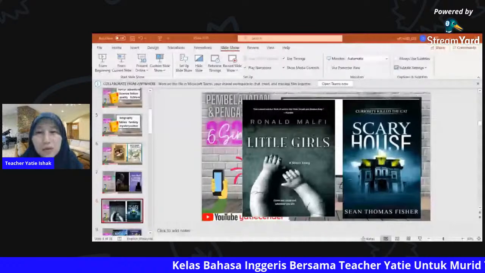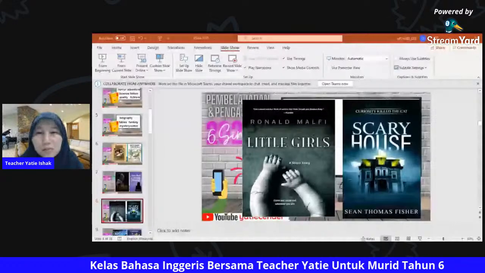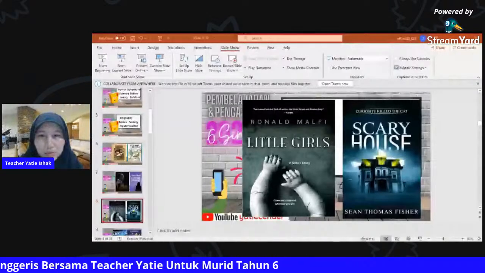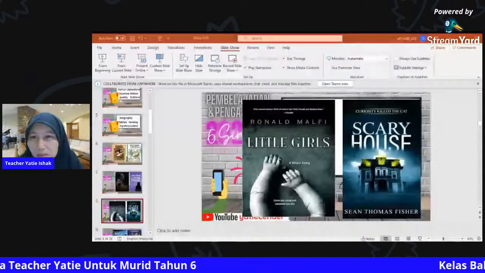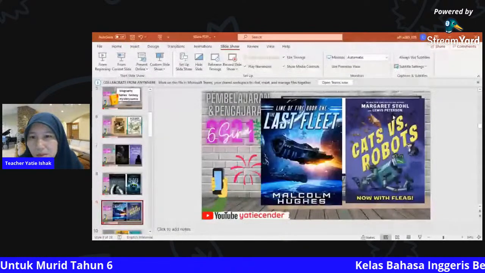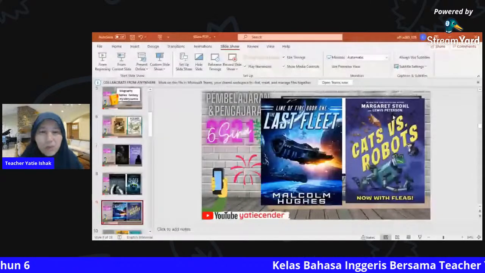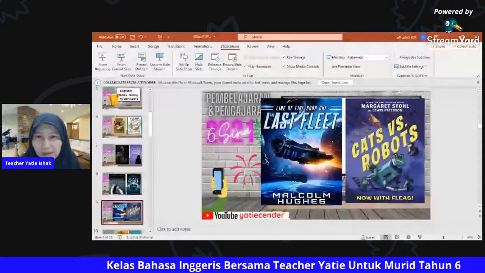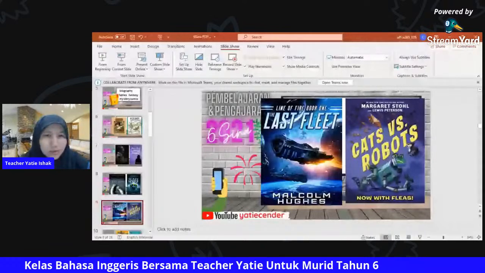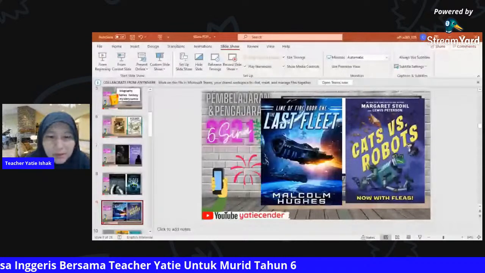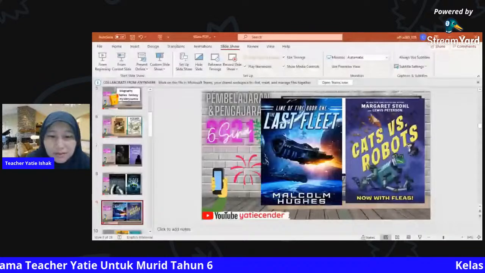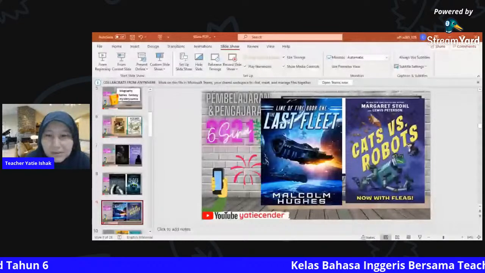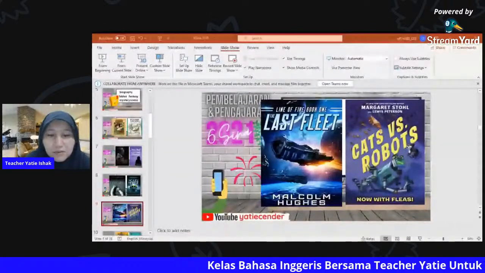Line of the Fire, Book 1, The Last Fleet, by Malcolm Hughes. And another one, Cats versus Robots, Now with Fleas. Okay, what is that? Okay, those two story books, The Last Fleet and cats, robots.